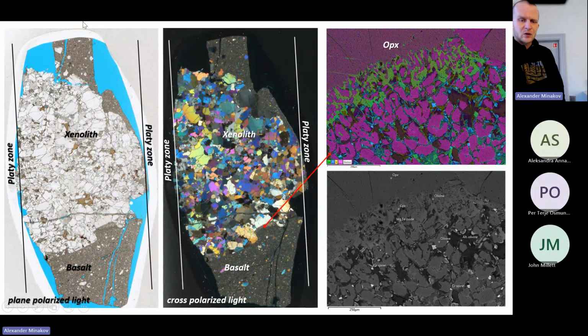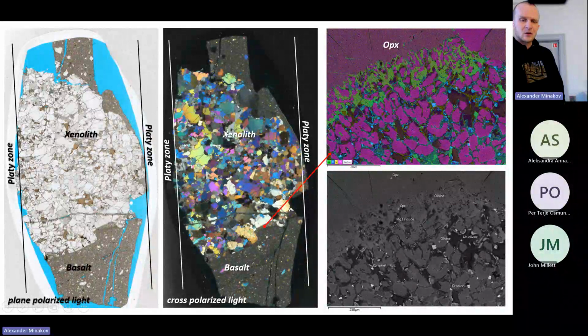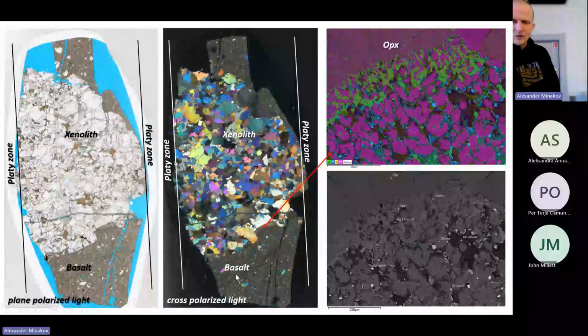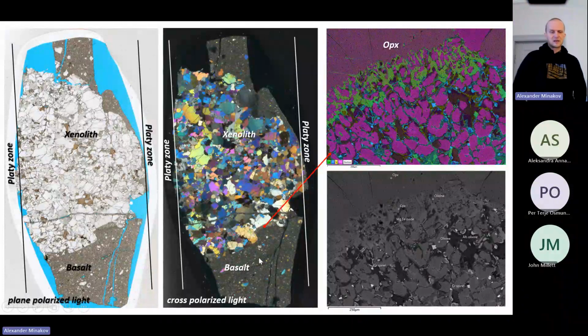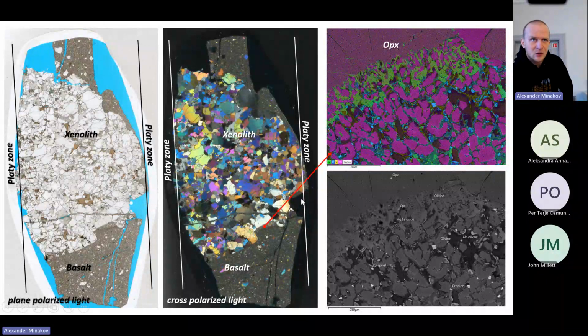In xenoliths, for sure, we don't have this major scale realignment of the grains within the xenolithic part. Maybe something we can infer from the basalt itself. We have microcrystals more or less aligned in some direction, but it's quite oblique to the direction of the plate zone. So that's quite a nice observation.